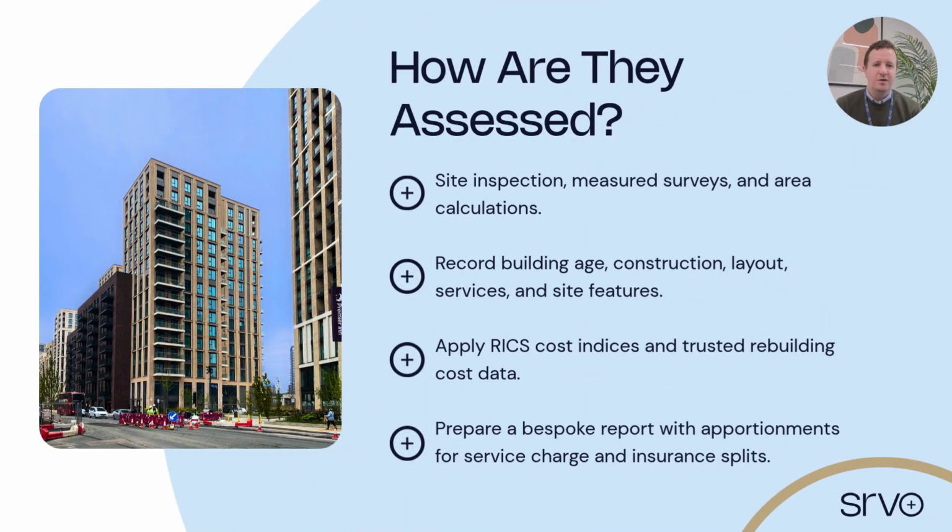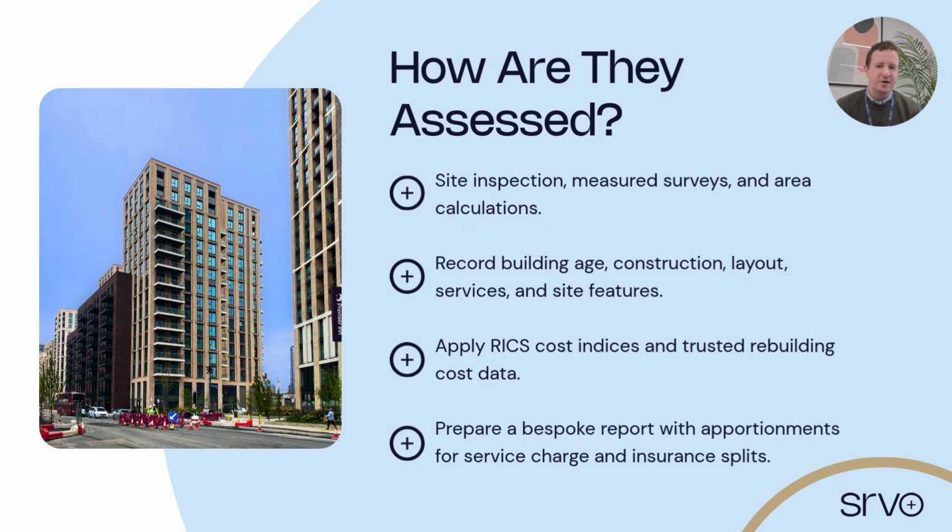So how are these assessed? Usually if we don't know about this property before, we haven't carried out an inspection, we would do a site inspection. We'd measure the property up and calculate the floor areas. We'd record building age, construction types, layouts, the services that are available on site, and any other external features on the grounds and estate as a whole.